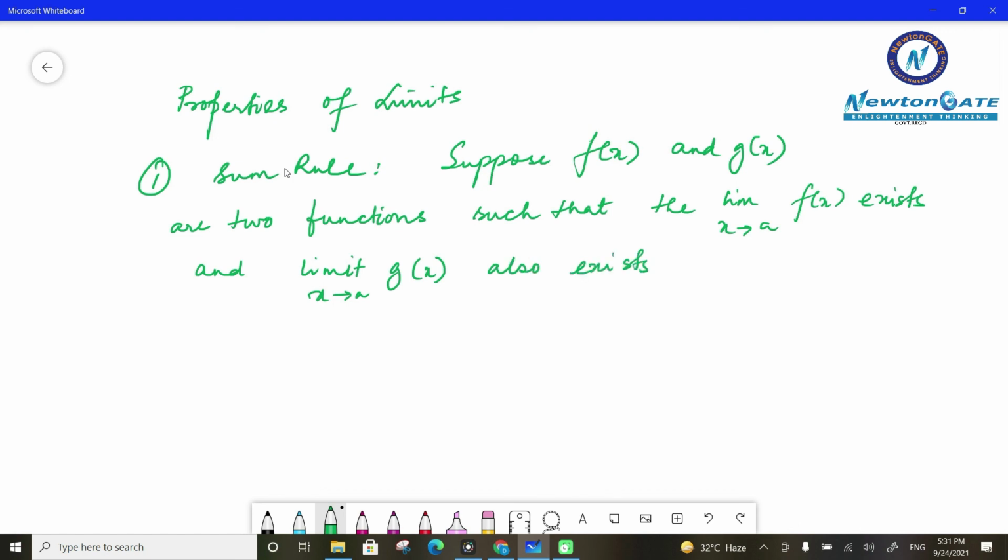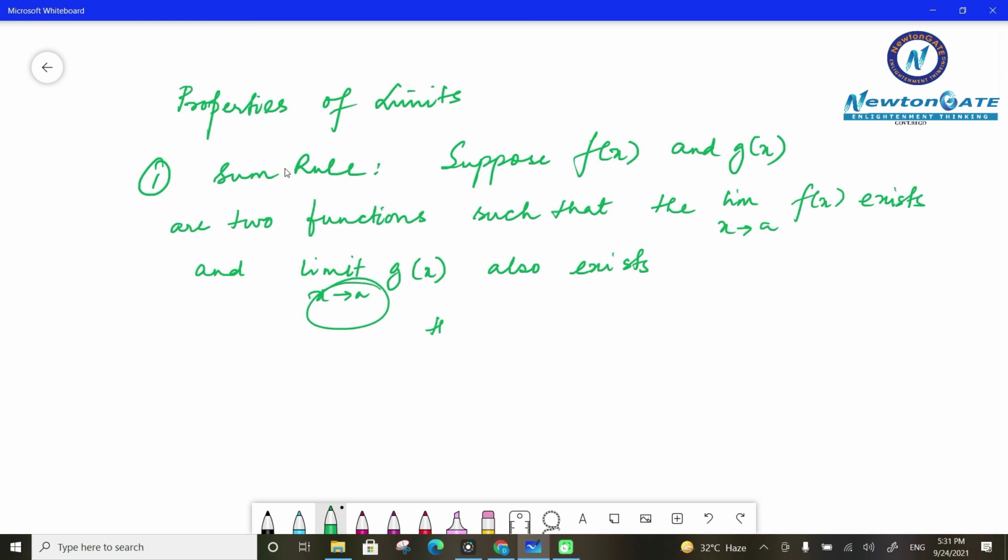Keep this in mind that both functions have to be defined as well as exist in the same format, that is x tends to a. Both will be tending towards the same point. I cannot take different points.